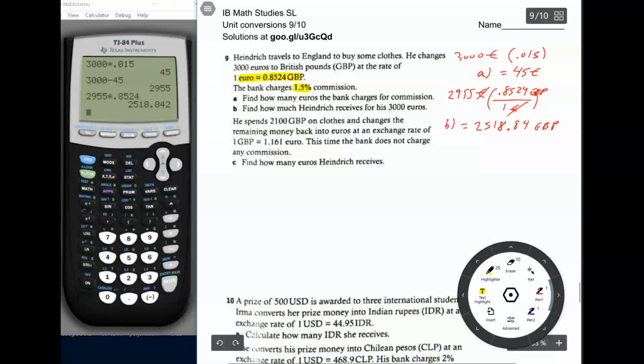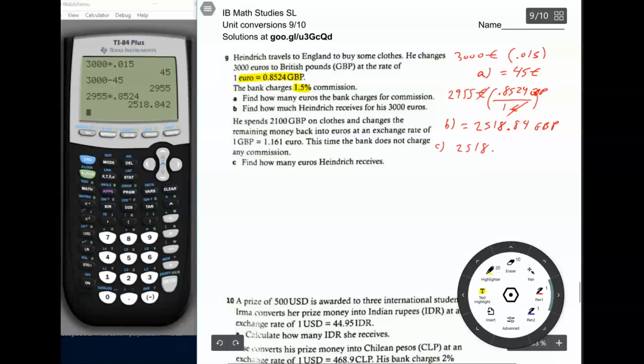Finally, he spends 2,100 GBP on clothes and changes the remaining money back into euros at an exchange rate of 1 GBP equals 1.161 euros. This time the bank does not charge any commission. So first I'm going to subtract out 2,100.